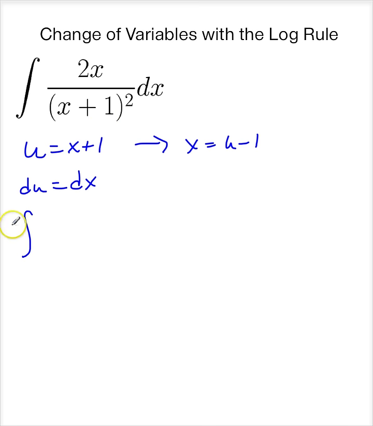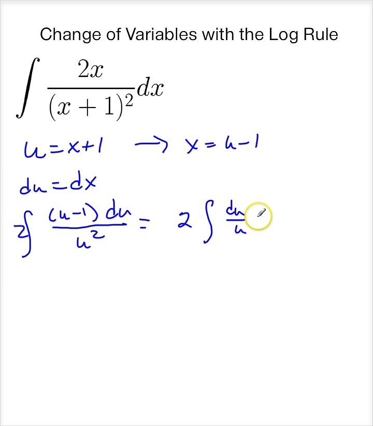I'm going to factor this 2 out. x is u minus 1. dx is du divided by x plus 1 squared, so this is u squared. So now I have 2 times the integral of du over u minus the integral of du over u squared. And of course, I need to carry my brackets.